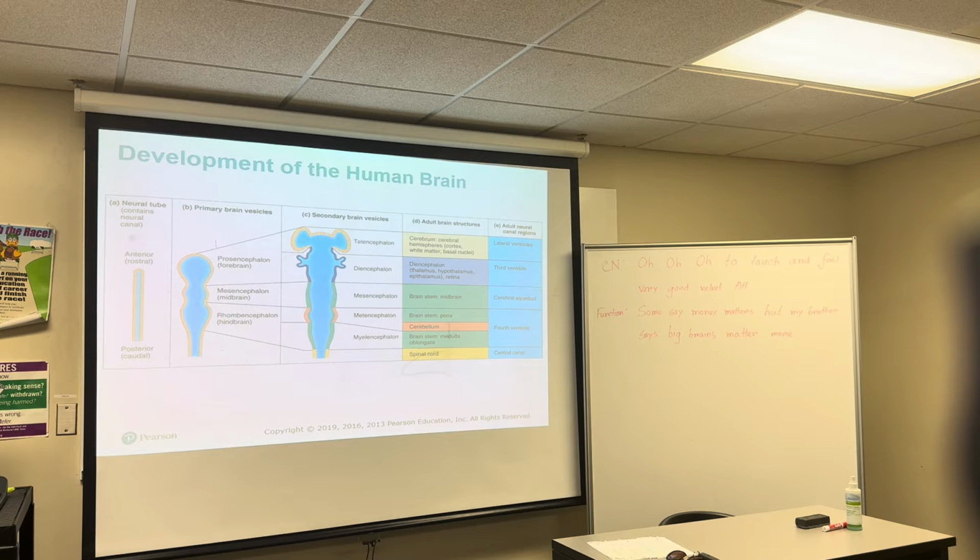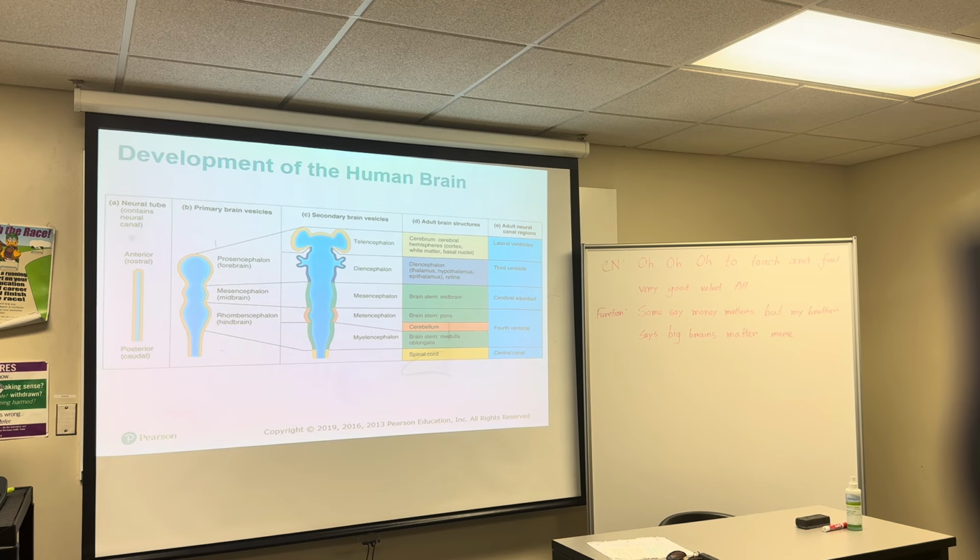So now let's talk about how your brain was developed. Before your brain developed into an adult brain, you had this neural tube. This neural tube first made the primary brain vesicles.